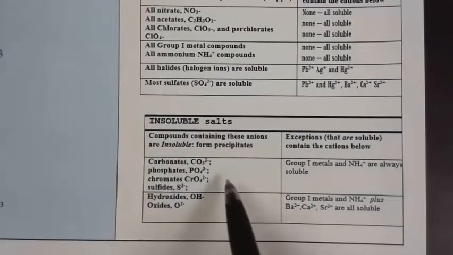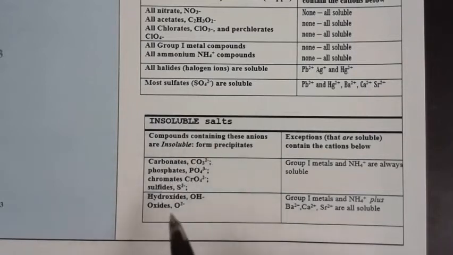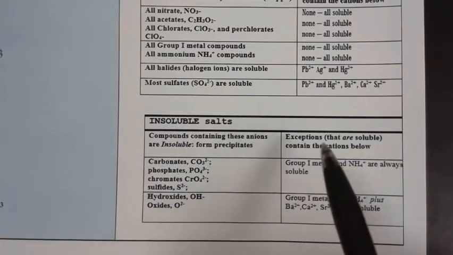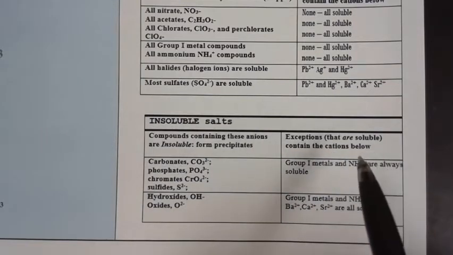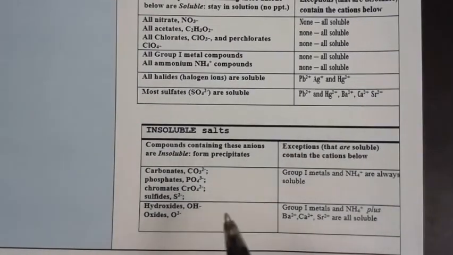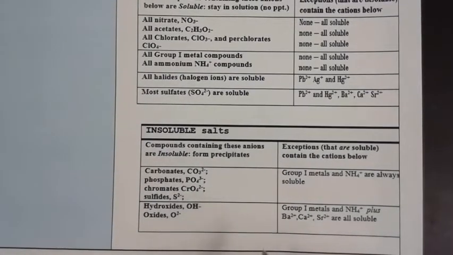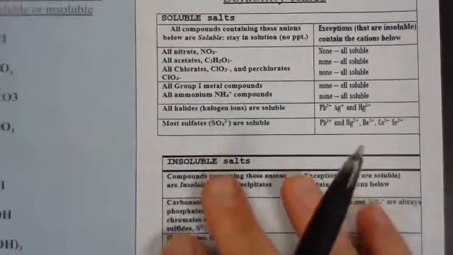And then on the second table, these are the most common insoluble components, and they're readily not going to dissolve into water unless we follow these exceptions, which make them soluble. All right, so it looks a lot busier and a lot messier than what we actually see. Once we put it into practice, it's pretty straightforward.